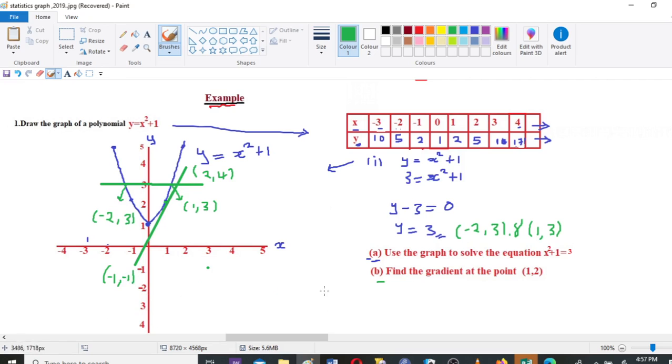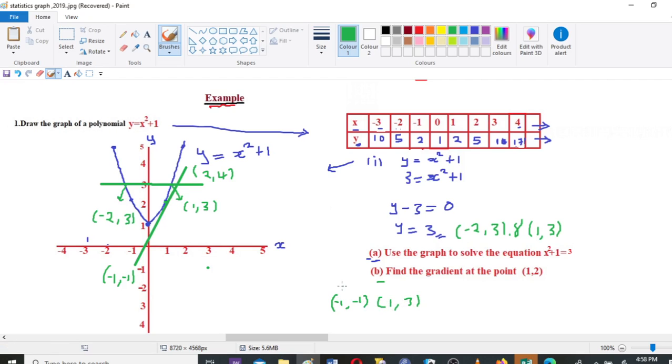I've solved a lot of questions involving gradient, so you can scroll up and check some previous videos. So the points we are getting after drawing our tangent at the point 1, 2, where we want to find the gradient, because the gradient will be the same, are negative 1, negative 1, and 1, 3.